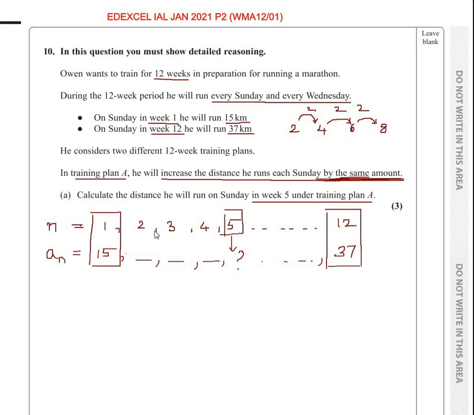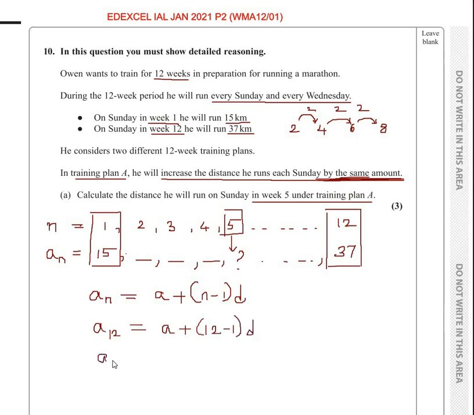So the formula we are going to use here is a_n equals a plus (n minus 1) d. This is the formula to find the nth term in arithmetic sequences. For the 12th week, a_12 equals a plus (12 minus 1) d.